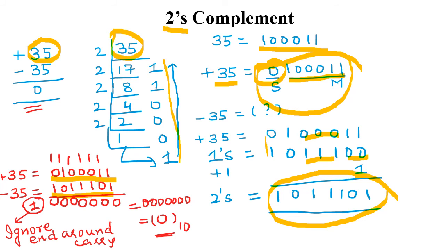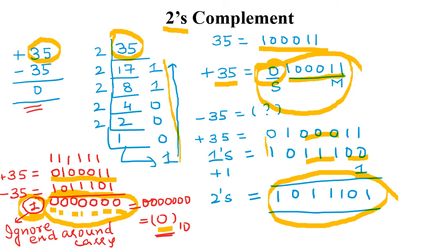Now you add the two, it gives 1 plus 1 0, carry 1, and so on, with a carry at every bit. The end around carry, this final carry generated in 2's complement is ignored. The result is these values. So it is equivalent to 0 in decimal.